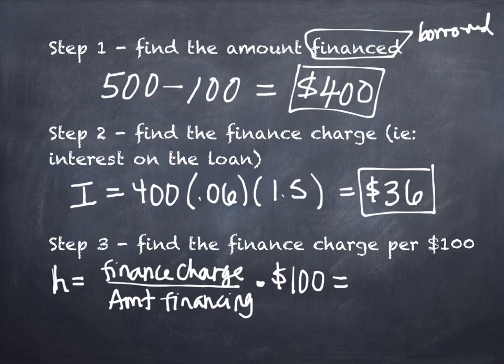So our finance charge was, that's my 36. The amount I financed was 400 from part A or step 1. And I'm going to divide those, and I'm going to multiply. I'll use a dot there. Multiply by $100.